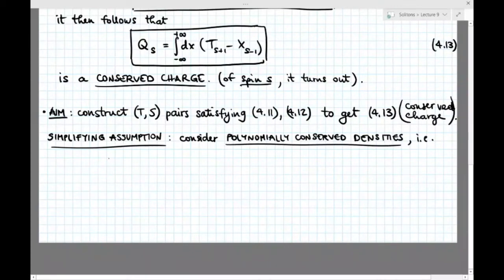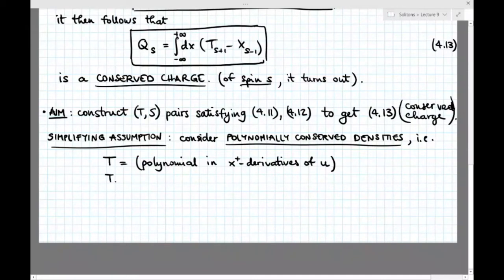Namely, we'll assume that T is a polynomial in x plus derivatives of u. So we don't consider u appearing with an x minus derivative or u appearing without a derivative at all.